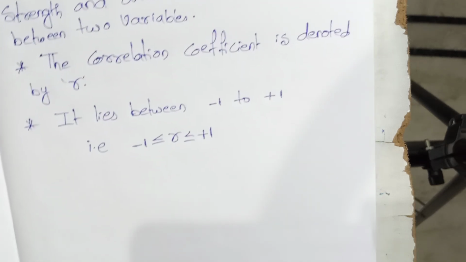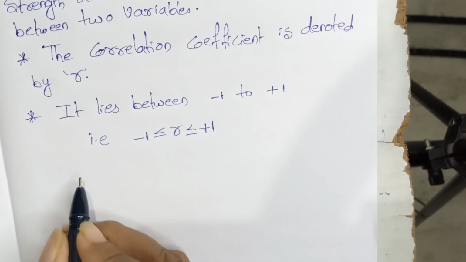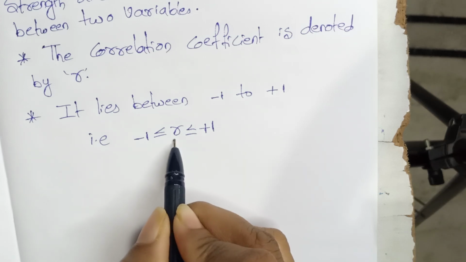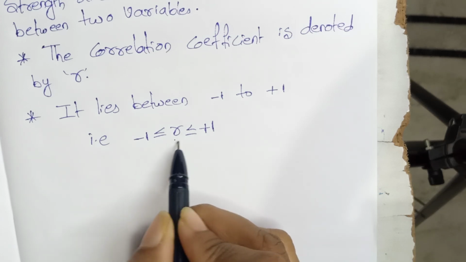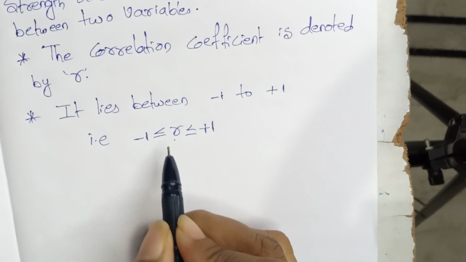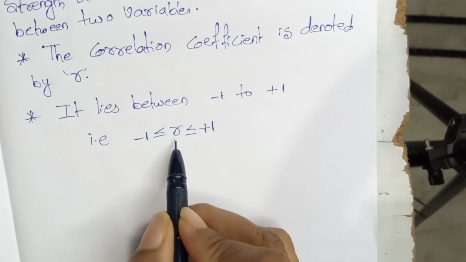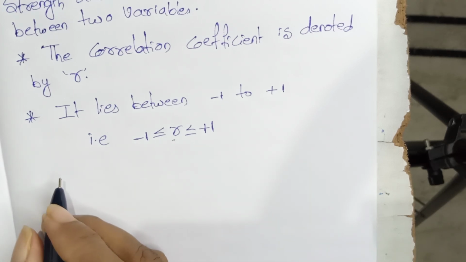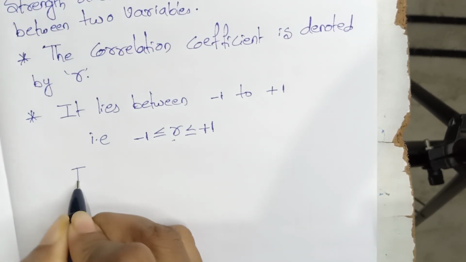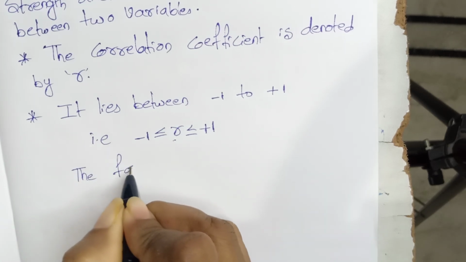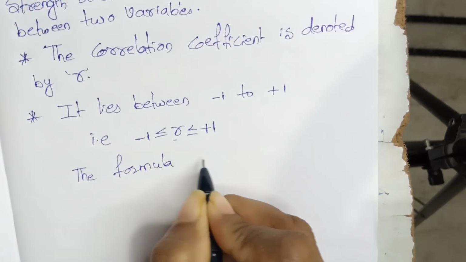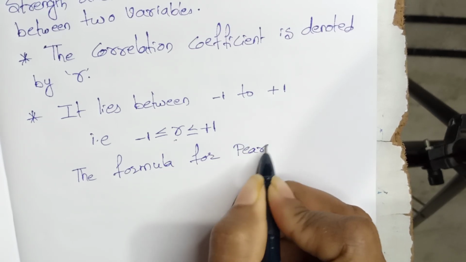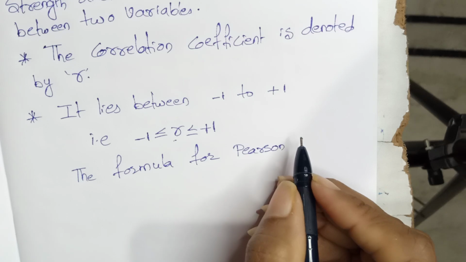Now we are going to write the formula in order to calculate the correlation coefficient, that means R. So what is the formula for Pearson's correlation coefficient? As we said, it was introduced by Carl Pearson.